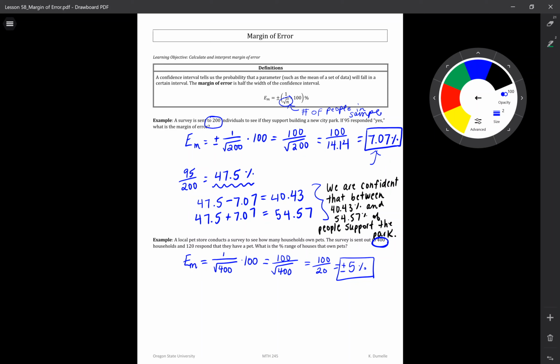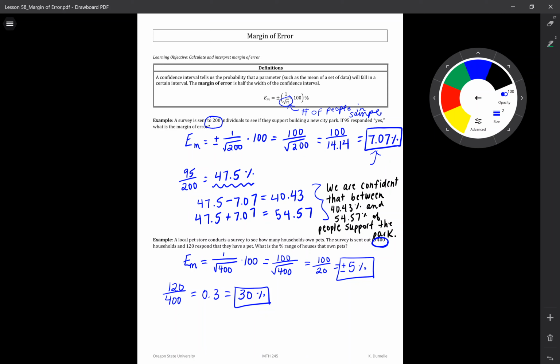So what percentage do we get here? Well, I see that 120 divided by 400 people actually have pets. So 120 divided by 400 is equal to 0.3, or 30%. So from this survey, it appears that 30% of people own pets, but we only surveyed 400 people.